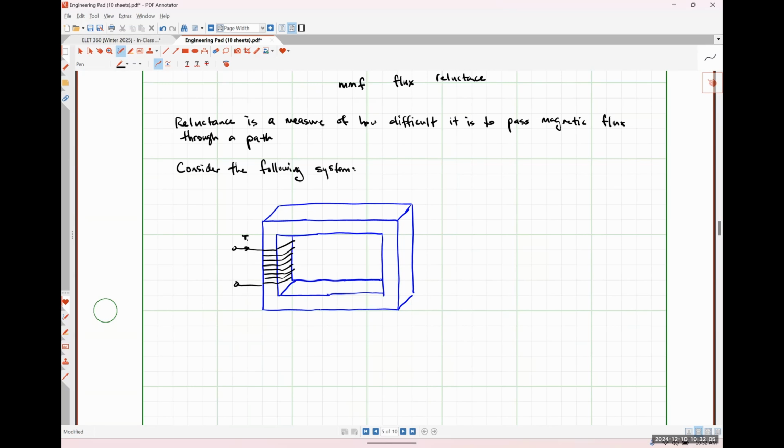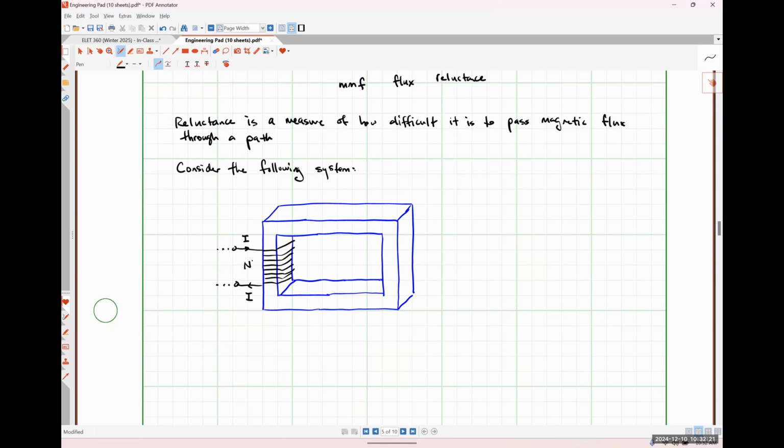Where I'm going to assume current is flowing in the top part of the winding and it's flowing out the bottom part of the winding. And we're going to say that this coil has N turns, okay?